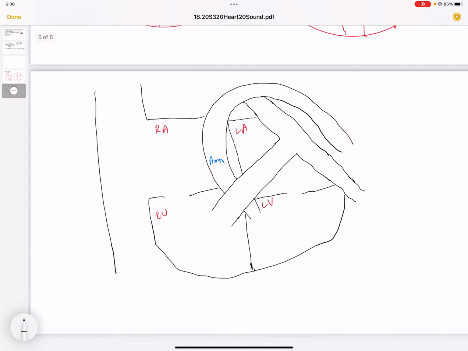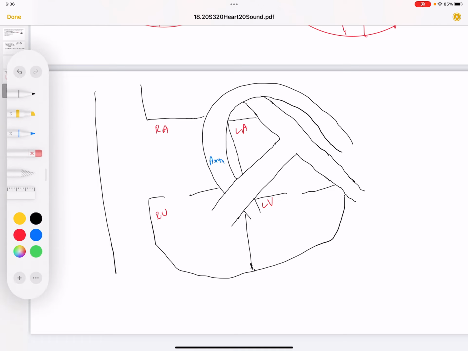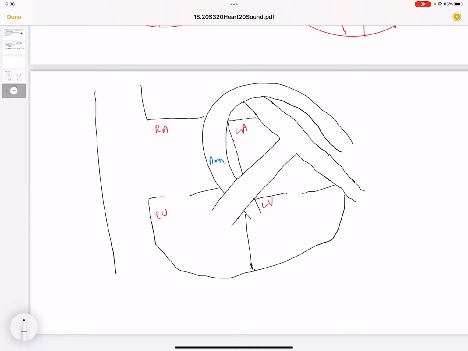If you take a look at this picture, in aortic stenosis, there is going to be stenosis of the aortic valve, right? As a result, the left ventricle now has to work harder to push out blood through that stenotic valve.